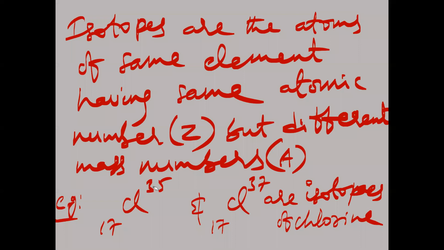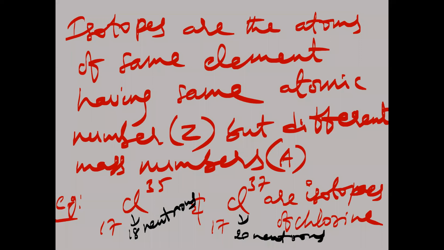Here how many neutrons? 35 minus 17 is 18 neutrons. Here 37 minus 17 is 20 neutrons.